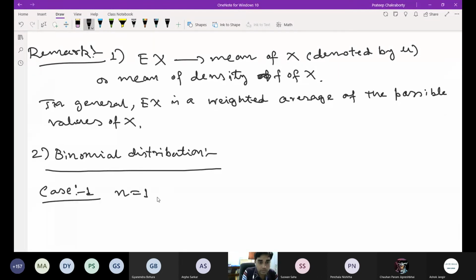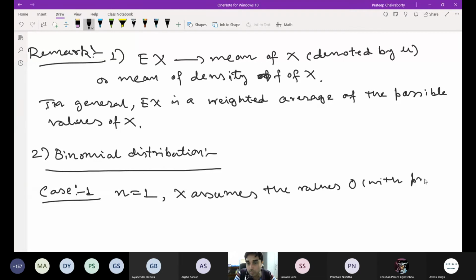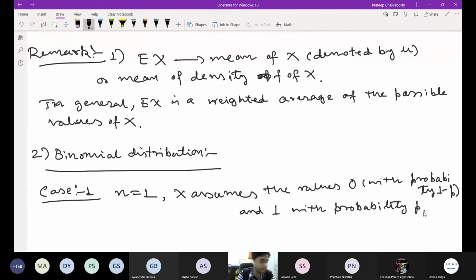So case 1 is n equal to 1. In this case, X assumes the value 0 with probability 1 minus p, so 0 means tail or failure, and 1 with probability p.